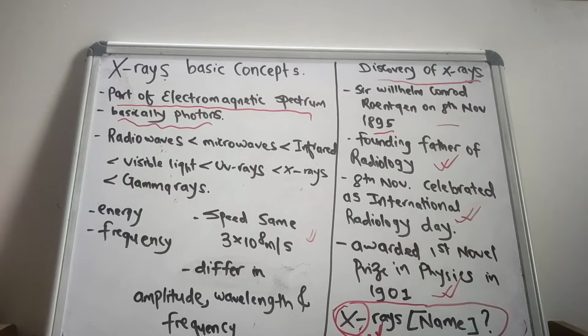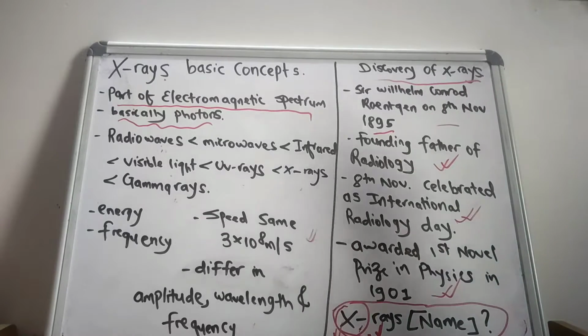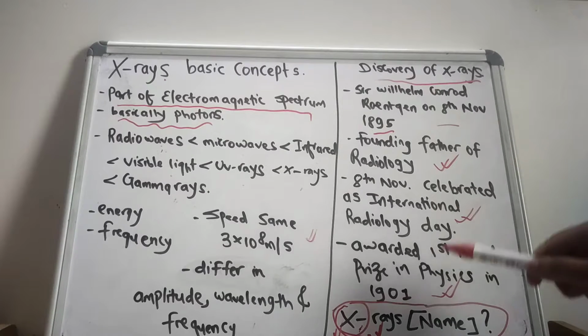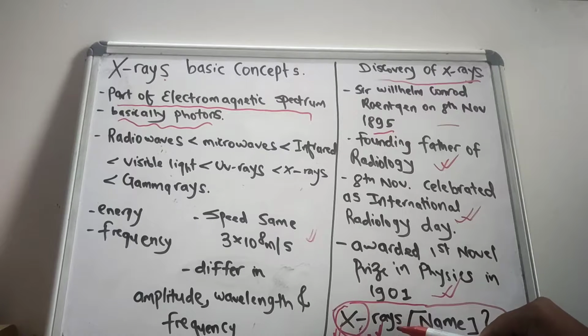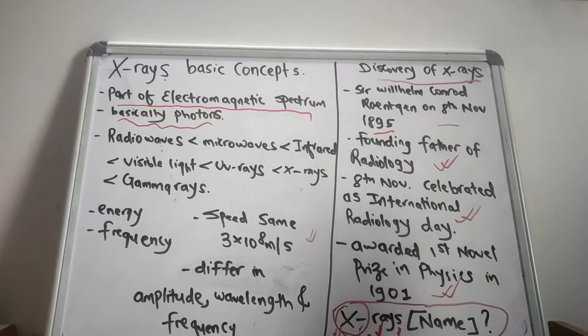At that time it was not yet discovered, so the unknown ray was named the X-ray by Sir Wilhelm Conrad Roentgen. Today we know almost everything about the X-ray, yet this name is still carried on in his honor.